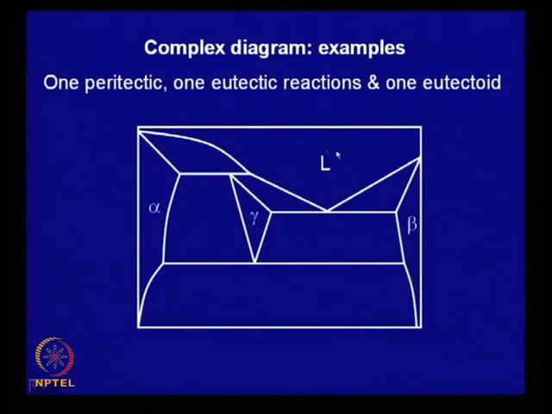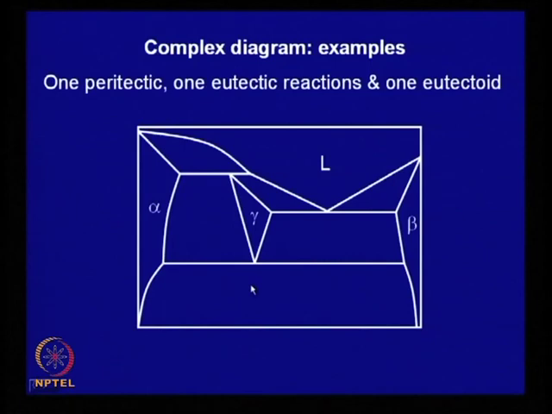I leave it to you to label the others. So, this is one peritectic. You have one eutectic, liquid dissociating into gamma and beta, and this is a eutectoid reaction, gamma dissociating into a mixture of alpha and beta.